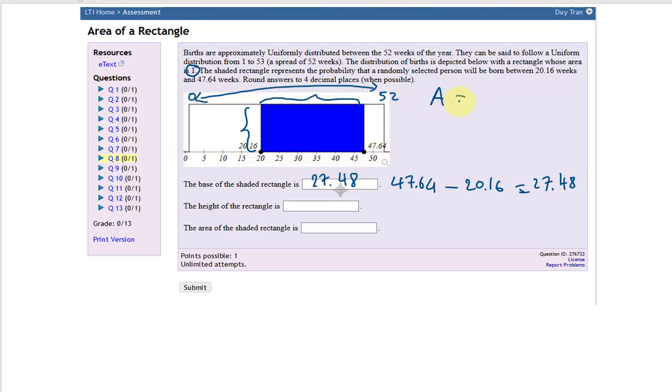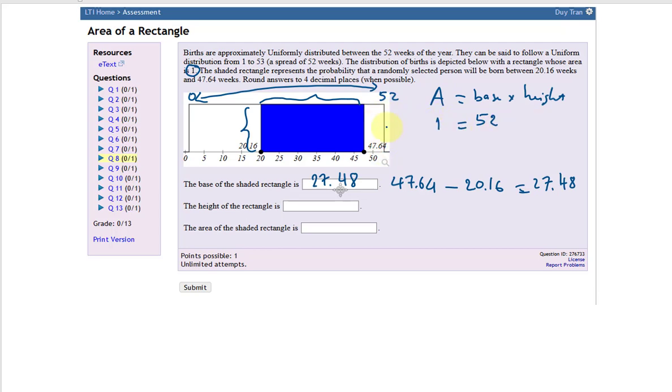Remember, for a rectangle, the area is the base times the height. We know the base of the whole thing is 52, and the area is 1.